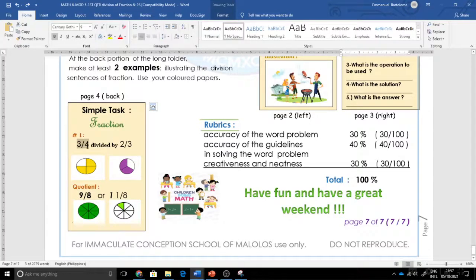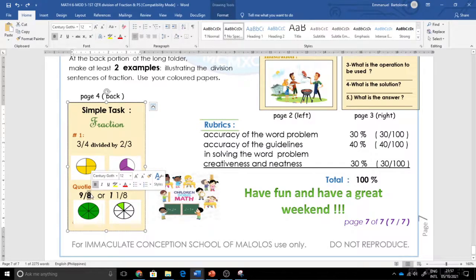You will draw 3/4. So this is 3/4 and divided by 2/3, and this is 2/3. Okay? So 3/4 times 2/3. So you're going to change them and solve for them. Okay? So this is 9/12 and 9/8. That is 9/12. Okay?